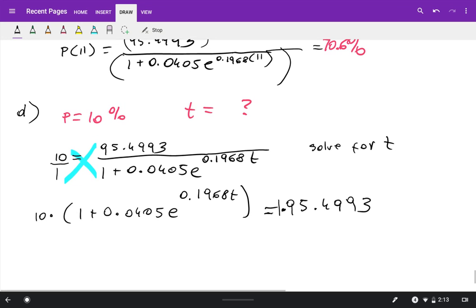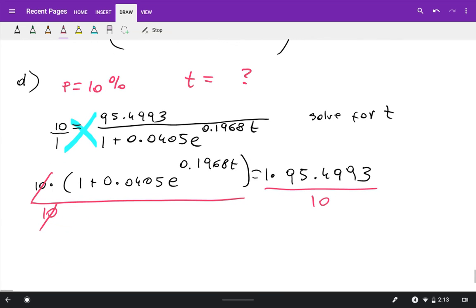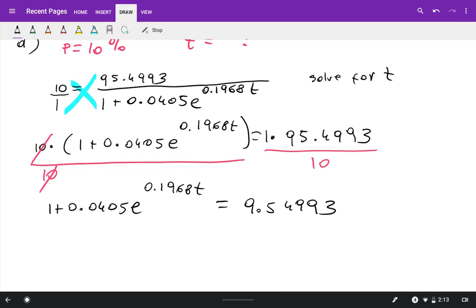Okay, so what I will do is divide all by 10. So don't worry about that. So we end up with 1 plus 0.0405 e to the power of 0.1968t equals 95.4993 divided by 10. That will be 9.54993.